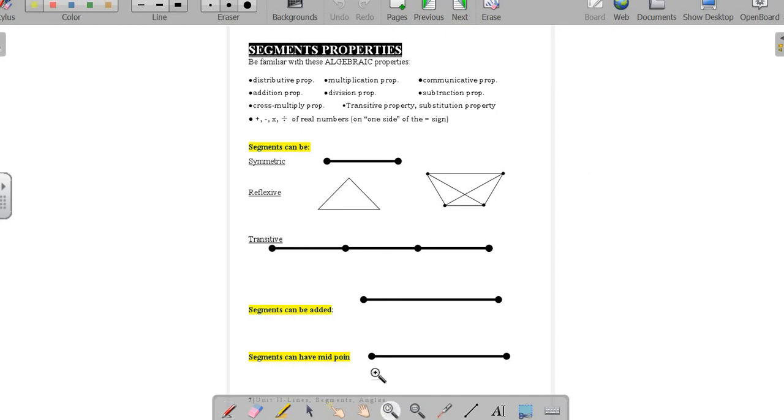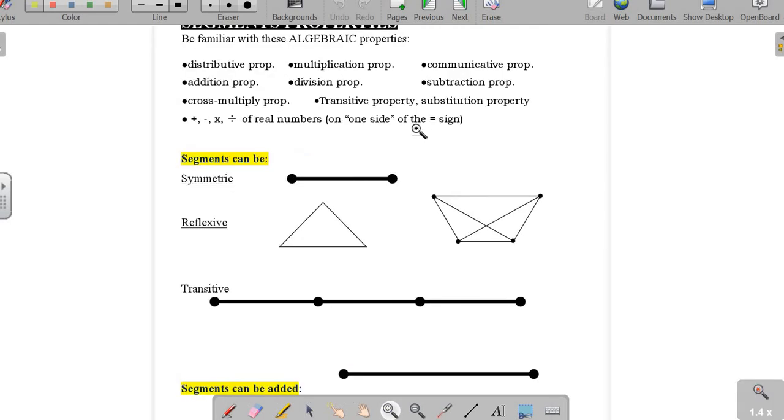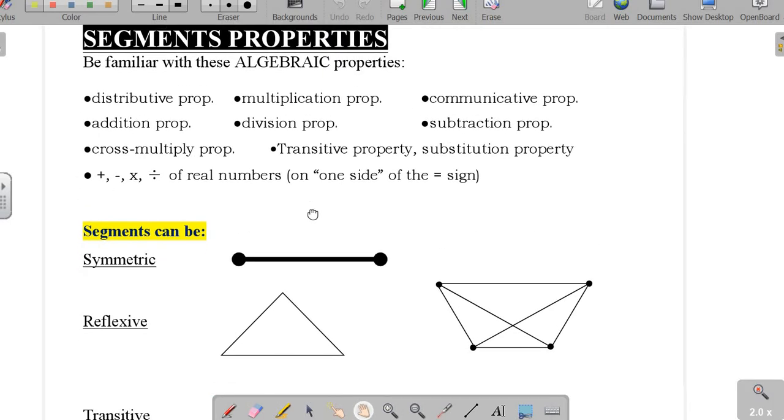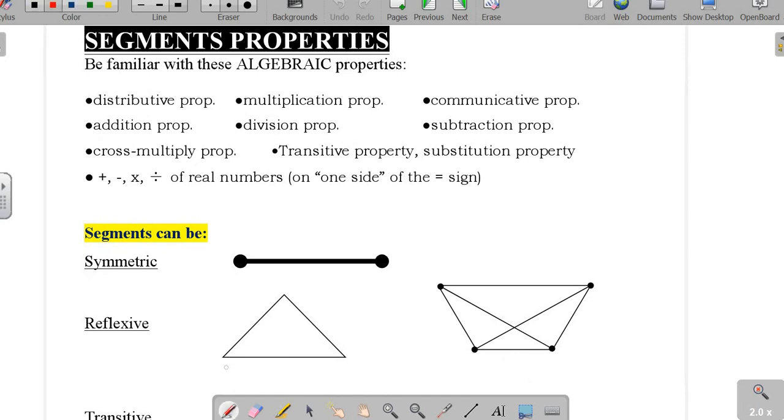On the top here, all segments also follow, segment distances follow these algebraic properties. Distributive property, addition property, cross multiplication property, multiplication-division property, subtraction property, transitive property, substitution.